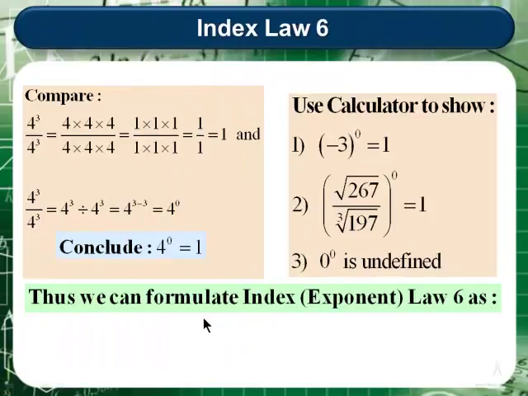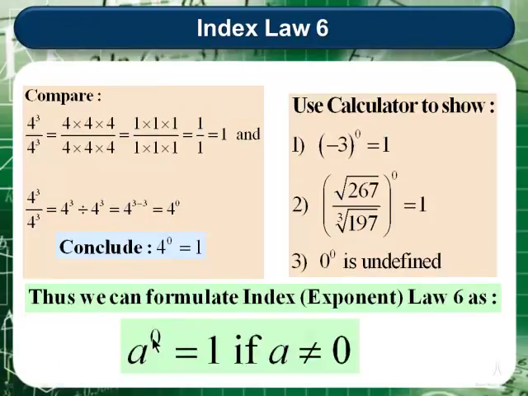We can now formulate this index law, namely that a to the power 0 is 1, provided that a is not 0. So now we know how to handle the case where the exponent is 0.